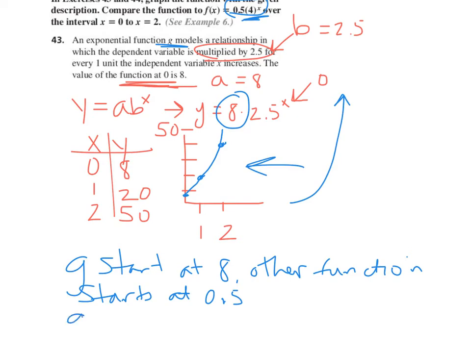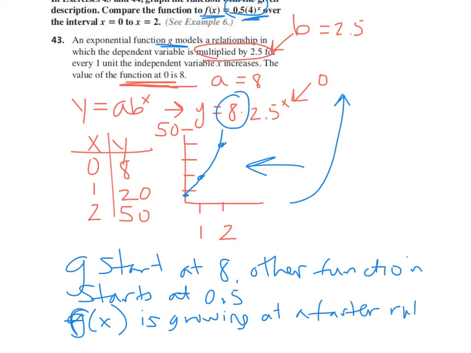So I would say f, because that one's the f of x. F of x is growing at a faster rate. I could be more specific and say a rate of 4, while g was multiplying at 2.5.